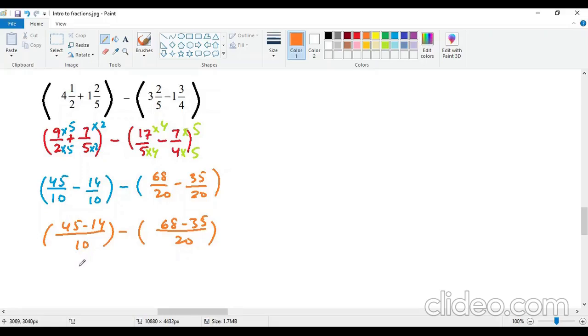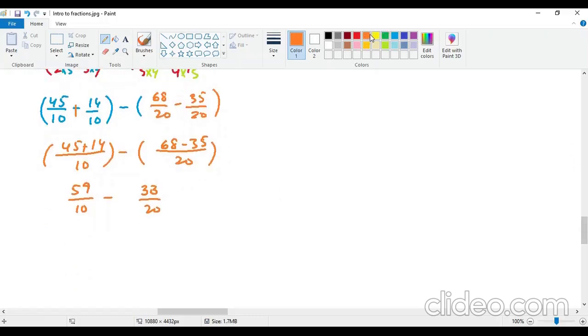It's a plus actually. So this is going to give us 59 over 10 minus, 68 minus 35 is going to give us 33 over 20. Now we do the same procedure by equalizing the denominator.